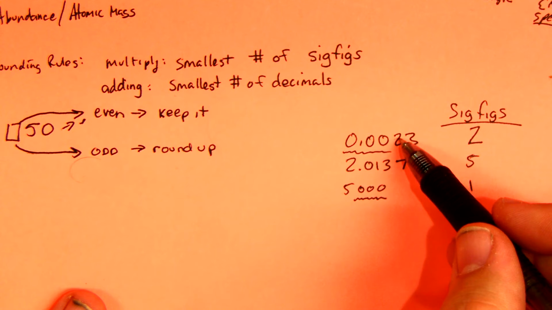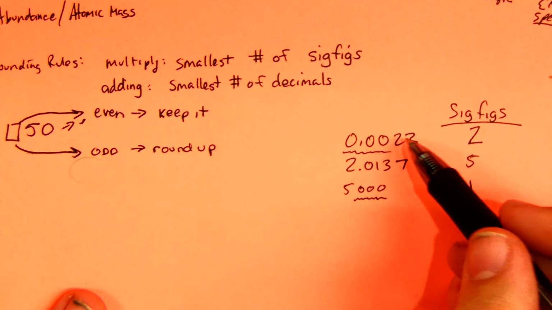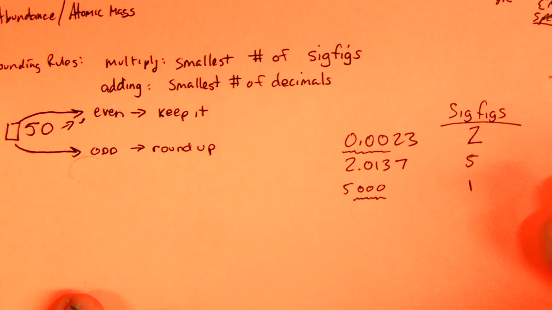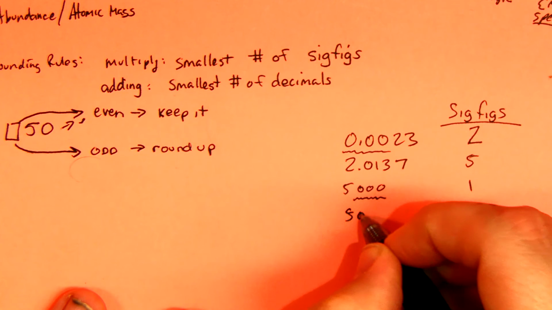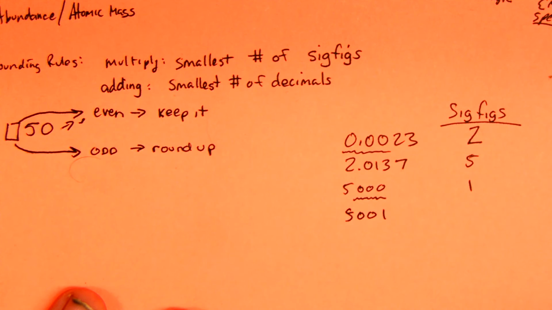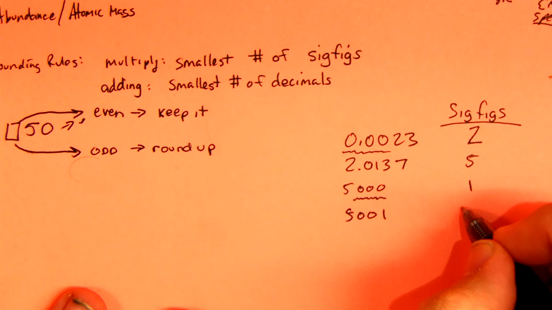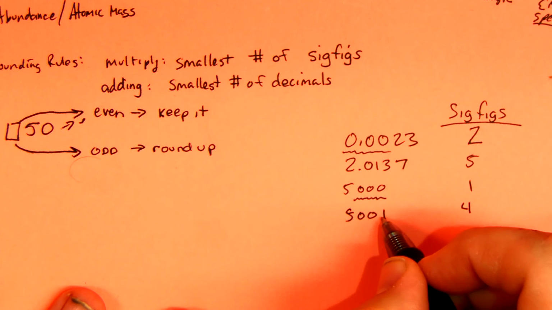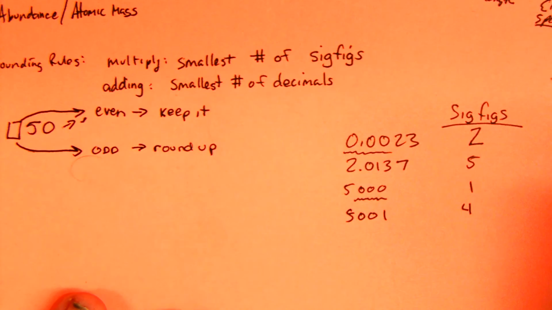But if I gave you 5001, how many sig figs do you have? 4. Because now that 1 takes away the idea that it's a placeholder, and it's actually a number.